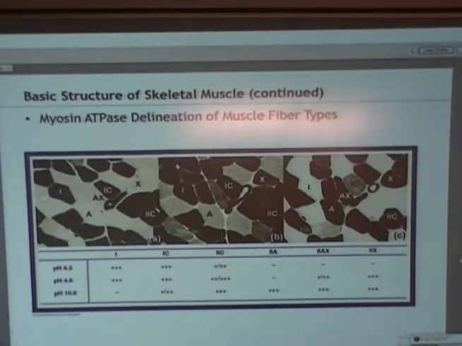So we have our type 1s. So this is my most oxidative, right? This is the one that is the best at using oxygen.